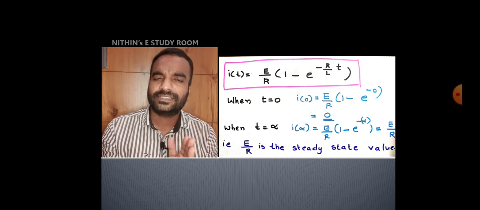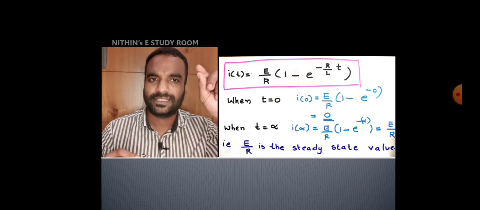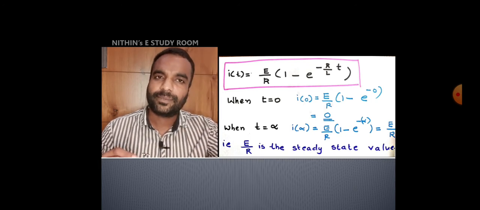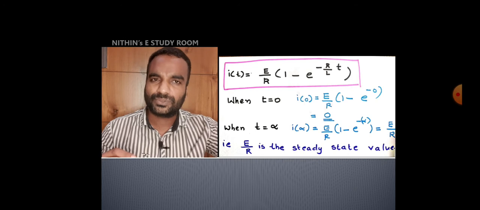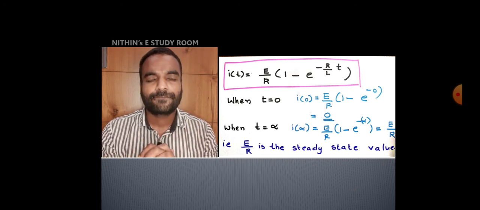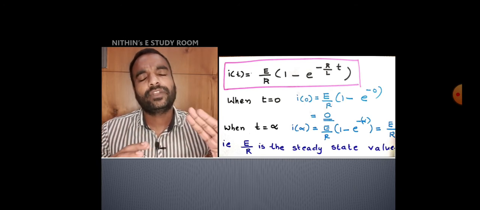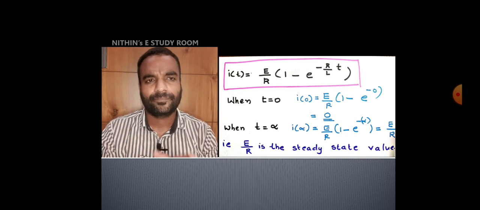In the last class we checked that at the first time constant it was reaching 63.3%. After 5 time constants it was reaching very close to 100%. Like that, we know that we will get some final value after some particular time.